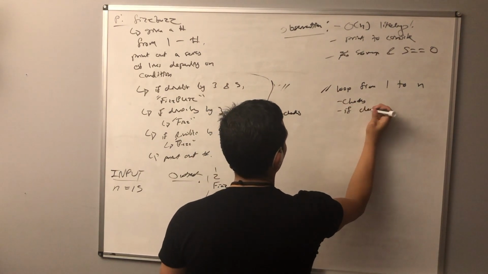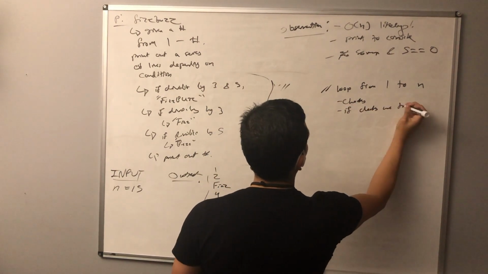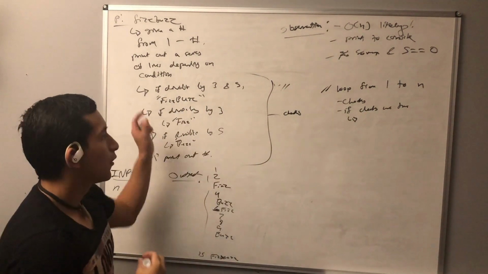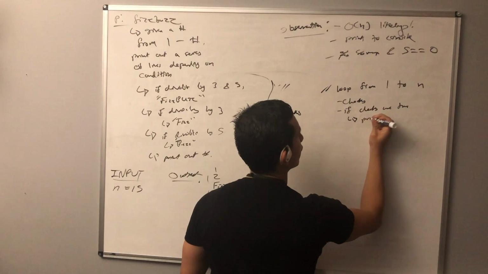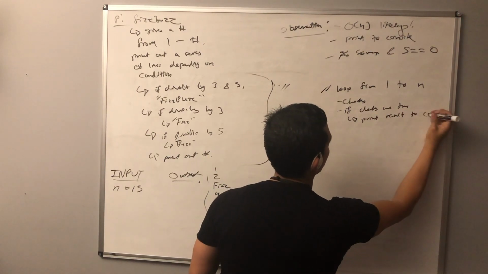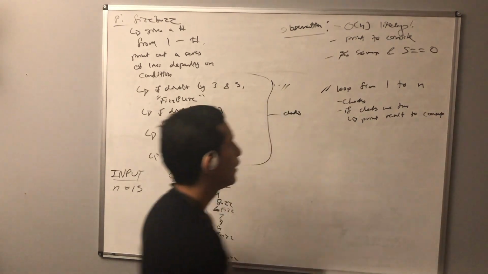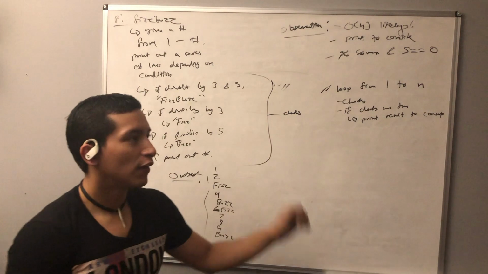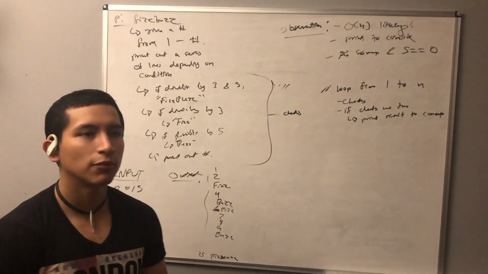If checks are true, print corresponding result to console. And after the loop is done, the function is done, and that is our algorithm for solving FizzBuzz.